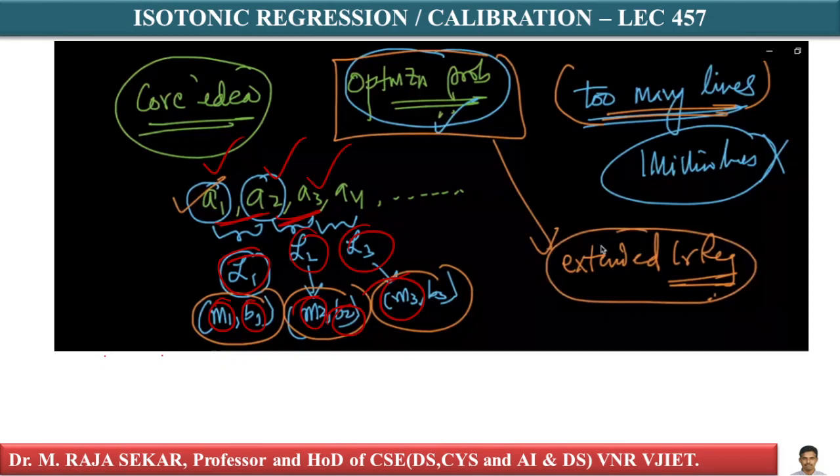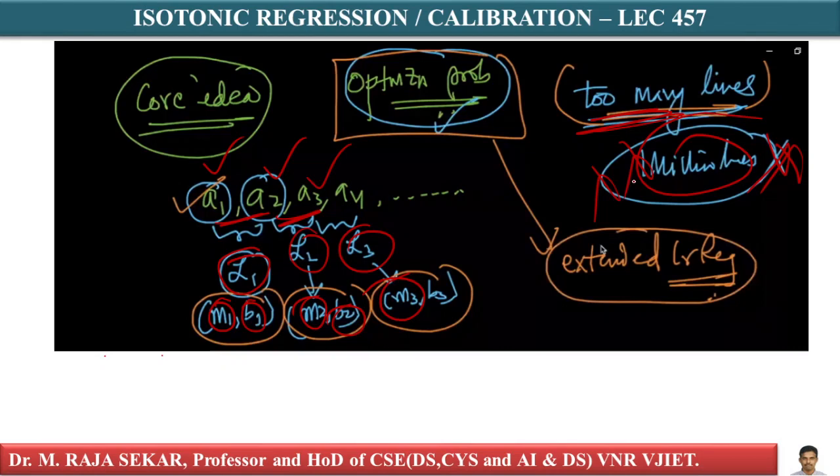I want just enough lines, because if I have, let's say, 1 million lines, that is not the right thing. Too many lines are not advisable. I may be okay with 10 or 15 lines.